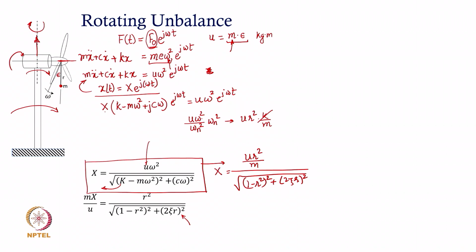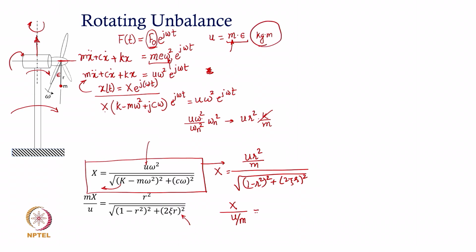And this capital X, I can now take as capital X over u upon m. Why am I doing that? Because the unit of u over m is distance, right. So, it is in distance units, because u is kg meters. So, it is a product of mass and eccentricity.